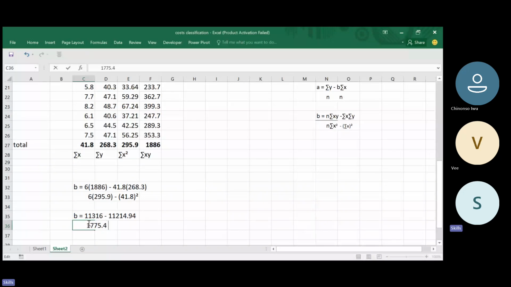Then minus 41.8 squared. 41.8 times 41.8 will give us 1747.24.